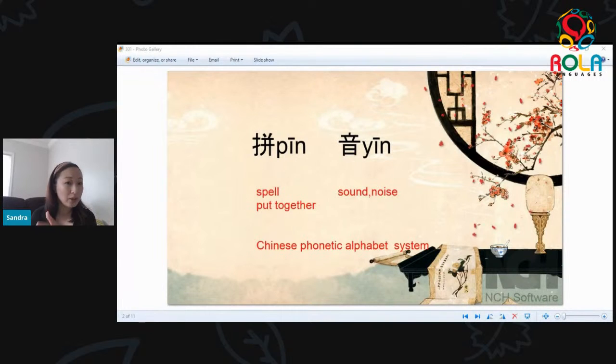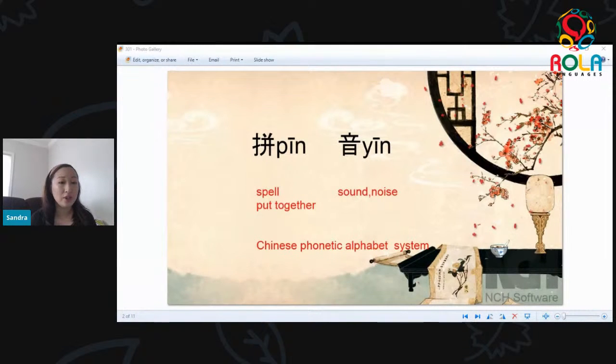Next to it, we see some alphabets. Those are the Pinyin system, which means you literally use those to learn how to pronounce every Chinese character. All right, so pinyin: pin as a verb means spell or put together.